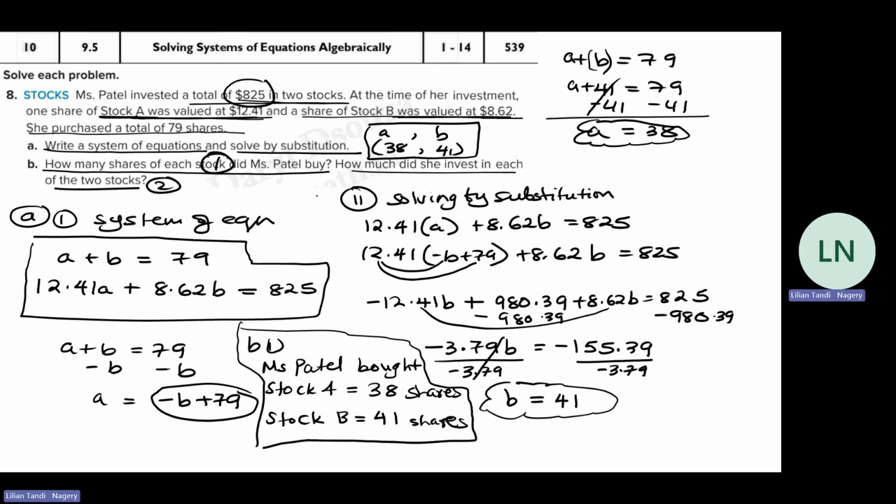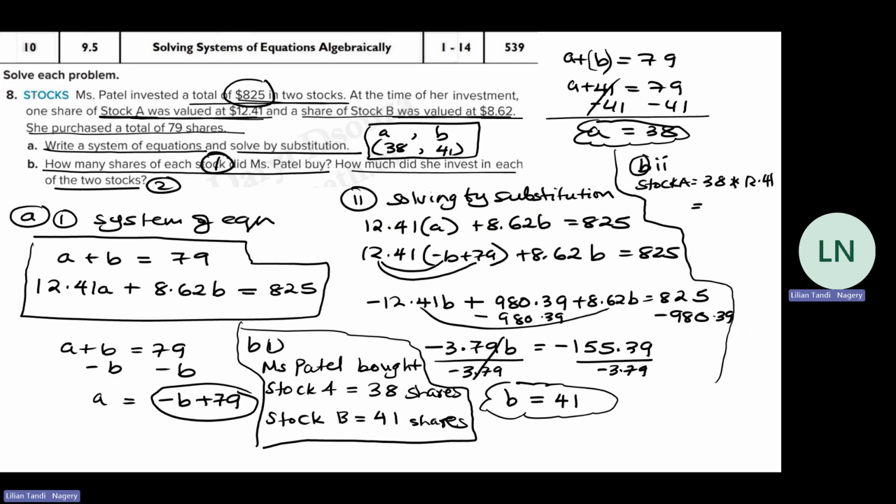How much did she invest in each of the two stocks? So you're going to do part B, part 2. You're going to do it here. You're going to do stock A. You're going to do 38 times 12.41, because it says each is 12.41.